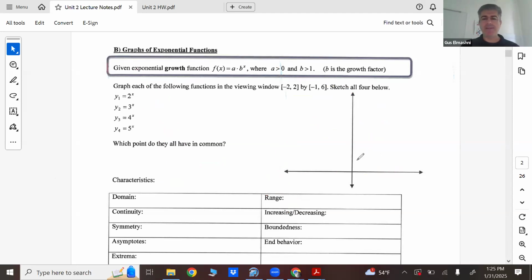You kind of know what's going to happen, right? That's your first graph, right? Oh, your next graph.